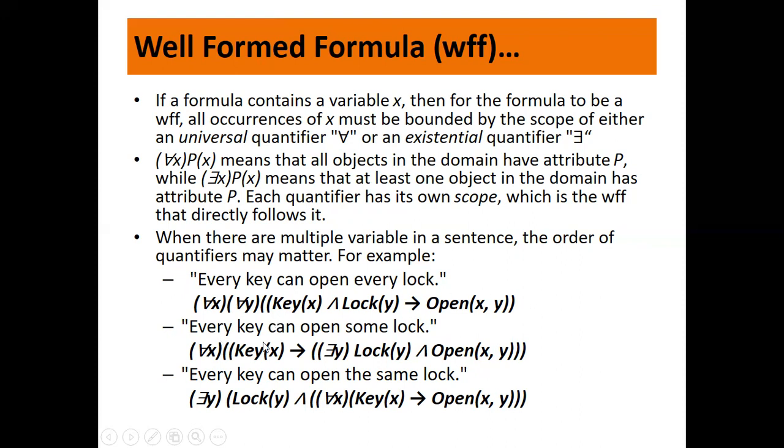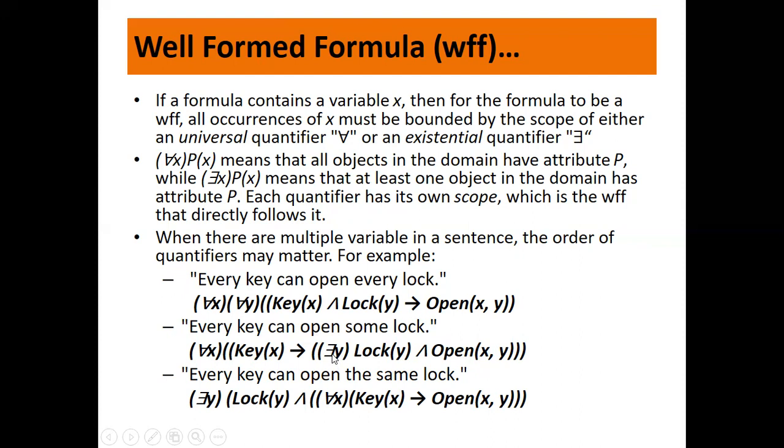Now, every key can open some lock. The previous statement was every key can open every lock. Here we are saying every key can open some lock. So for all x, because it is every key, x is a key implies every key can open some lock.